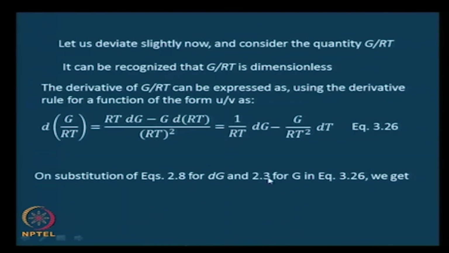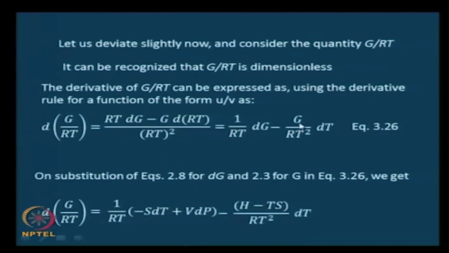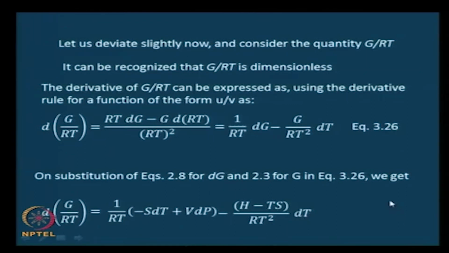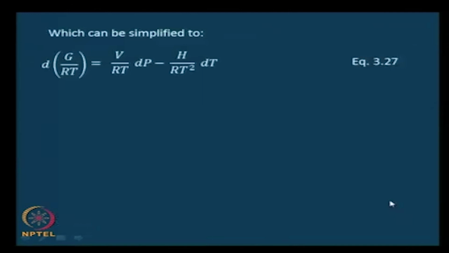If you use these two equations in 326, dG by RT equals 1 by RT times dG, which for a closed system is minus S dT plus V dP, minus G, which by definition is H minus TS, equation 2.3, by RT squared dT, which can be simplified to V by RT dP minus H by RT squared dT. Equation 327.